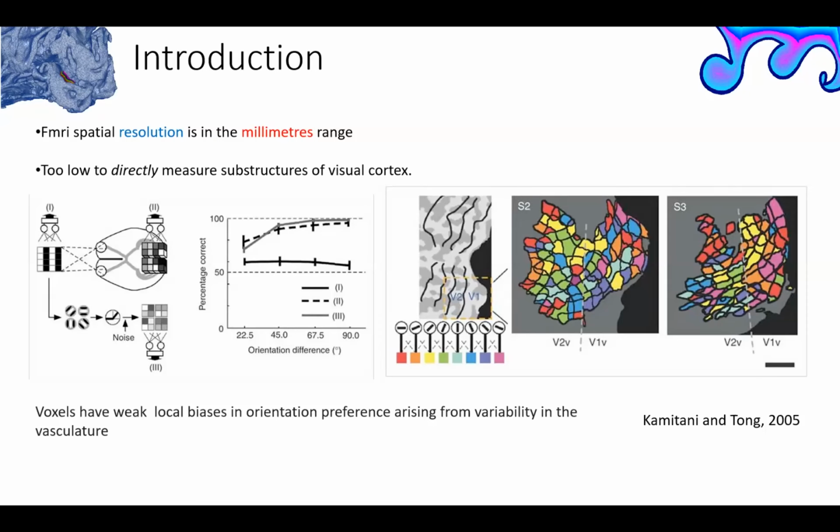This paper sparked a big debate in the field that is still going on right now as to how it is even possible to decode information so well beyond the nominal resolution of the voxels. The original explanation was that when you pool all these voxels together, you can retrieve some local biases in orientation preferences, in this case arising, for example, from variability in vasculature or neuronal distribution.